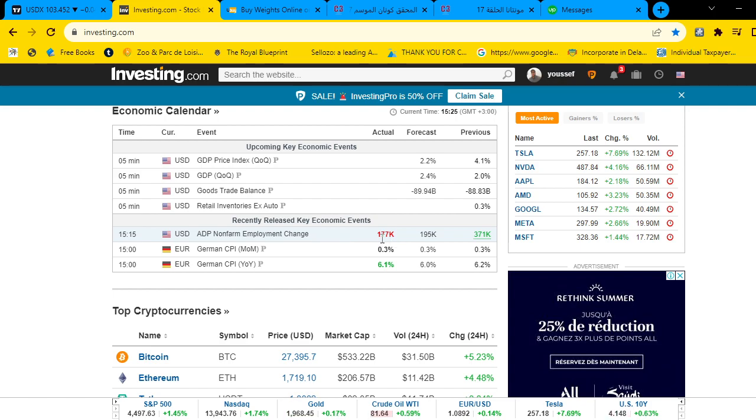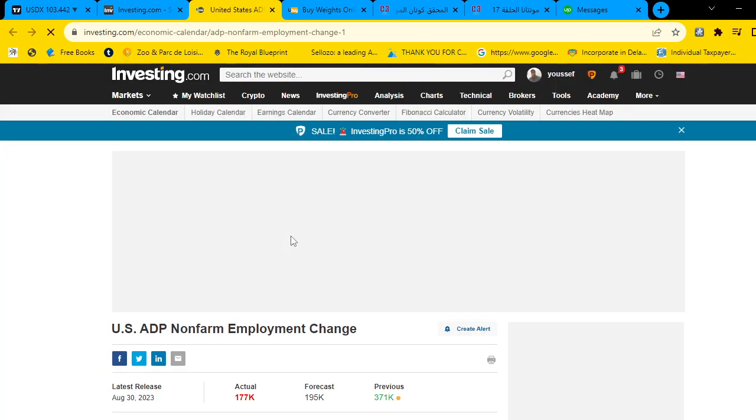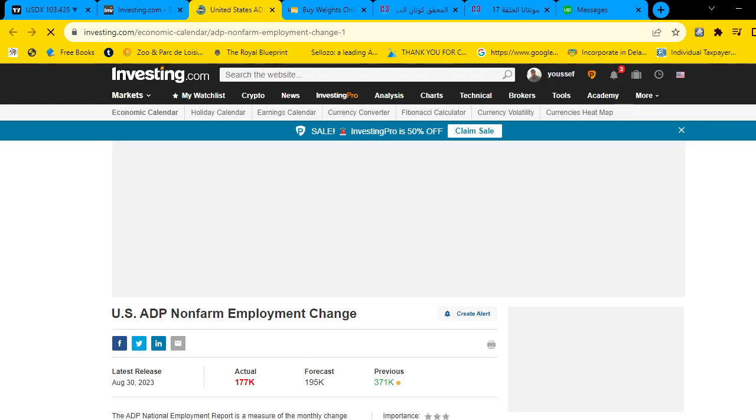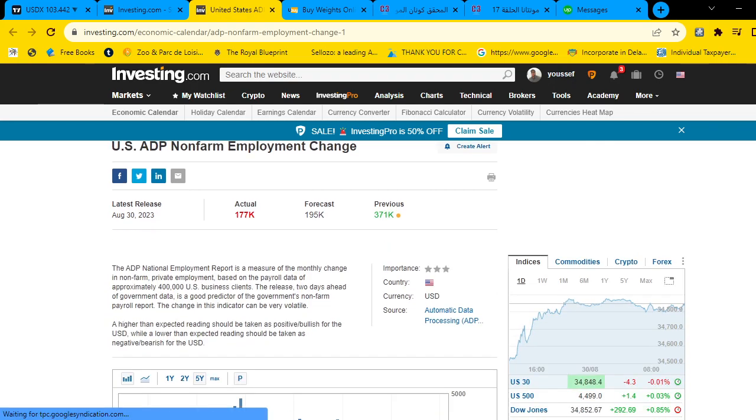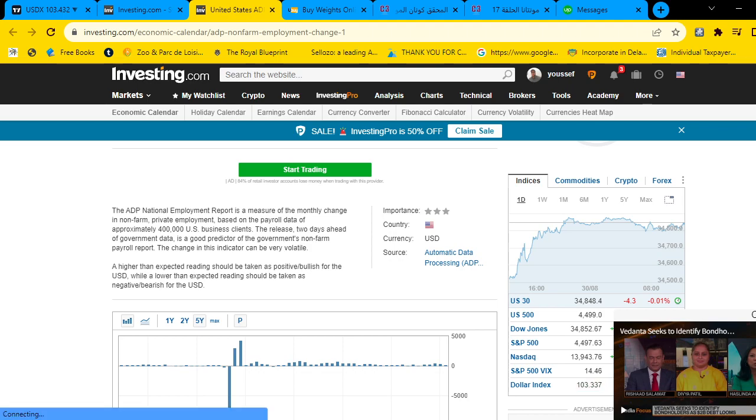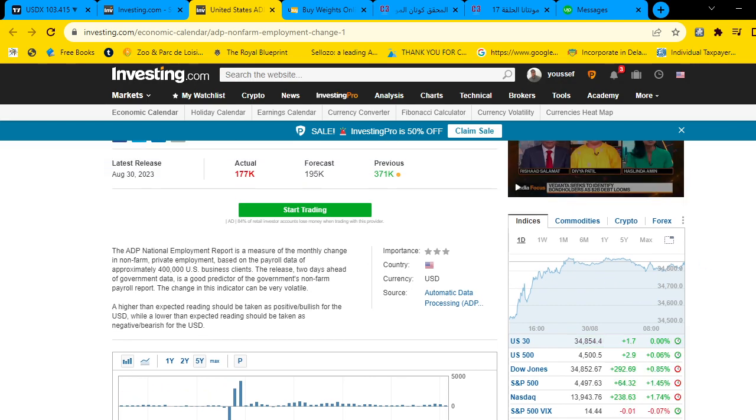That was ADP non-farm employment change, and that was negative. A higher than expected reading should be taken as positive, bullish for the USD, but this one came in red.